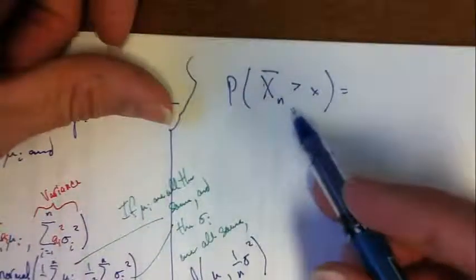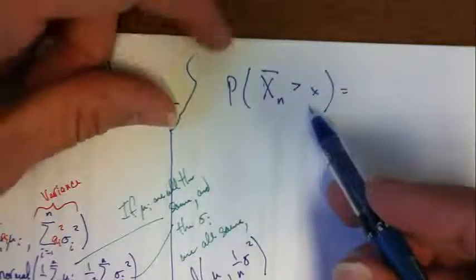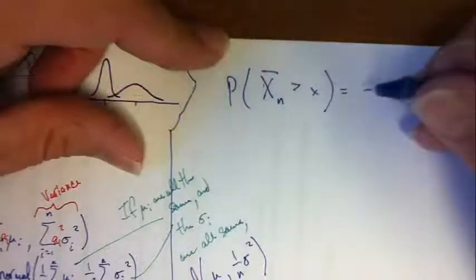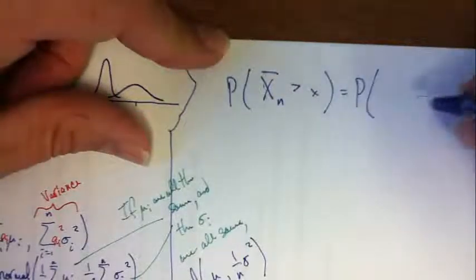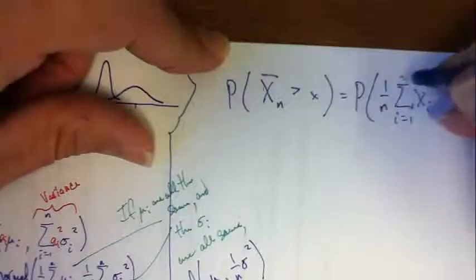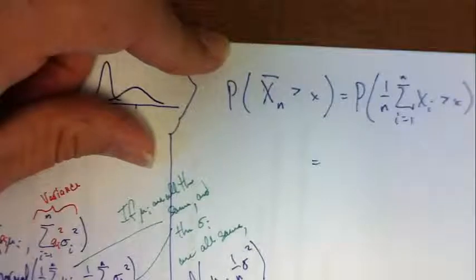Good. All right. So what's the chance that this sample mean exceeds x? Well, this is going to be the probability then that that random sample mean exceeds little x, right?